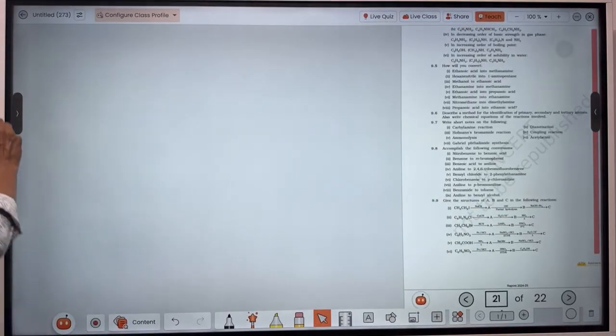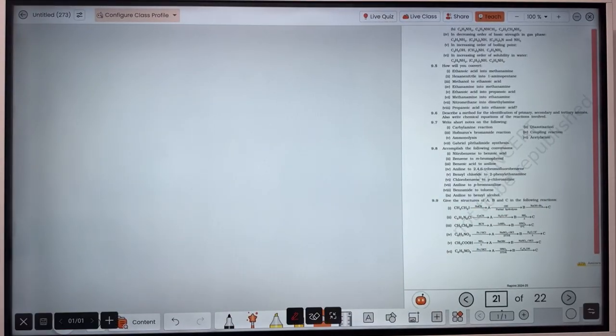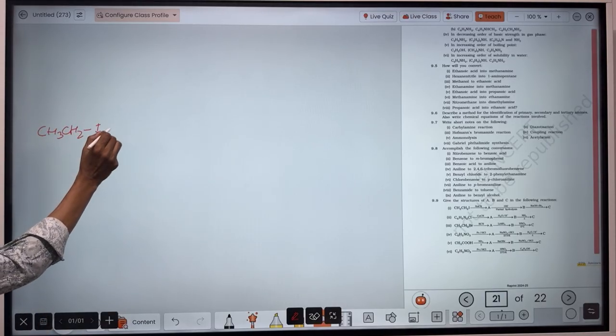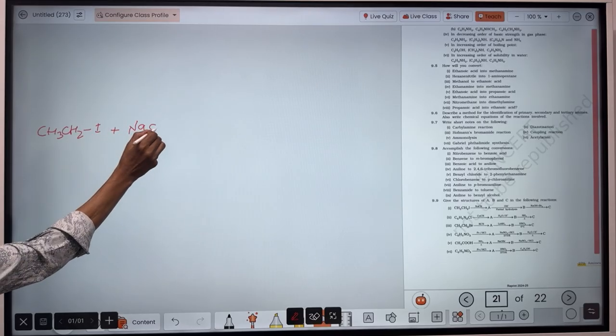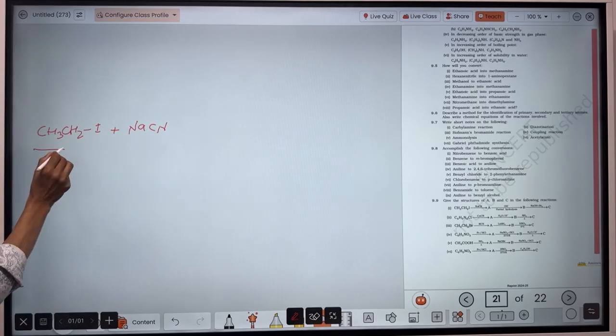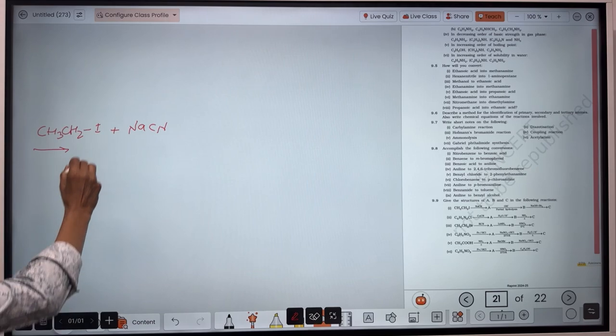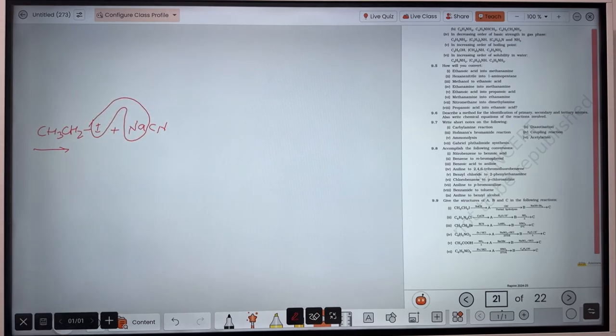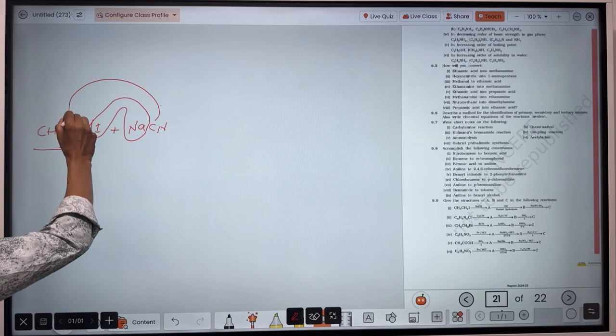This compound reacts firstly with NaCN. How easy it is. Iodine will combine with sodium to form NaI, and carbon will get bonded to this carbon.